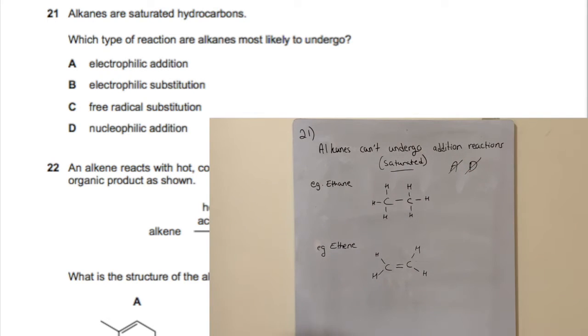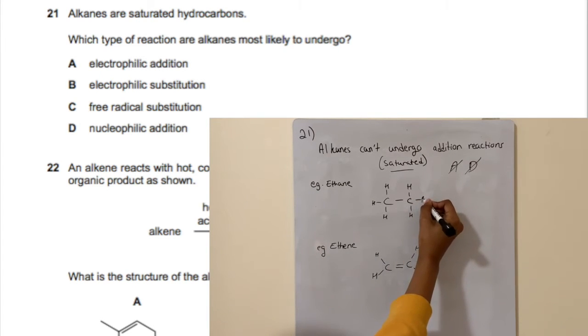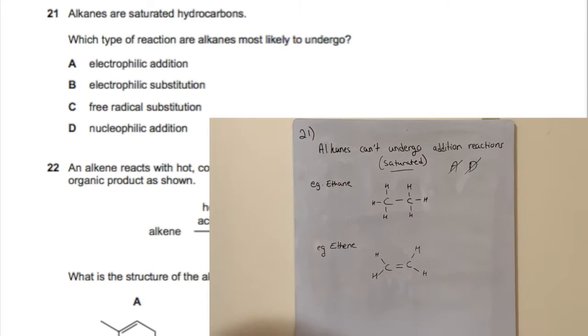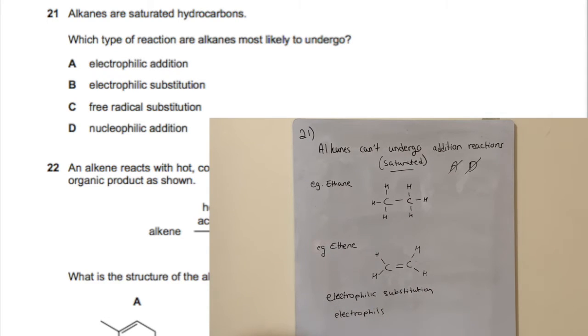Now, alkanes can go through substitution reactions, like you can substitute an H with a Br, for example. However, electrophilic substitution is something that alkenes or alkynes go through. Electrophilic substitution involves electrophiles, and electrophiles are basically electron-loving molecules.